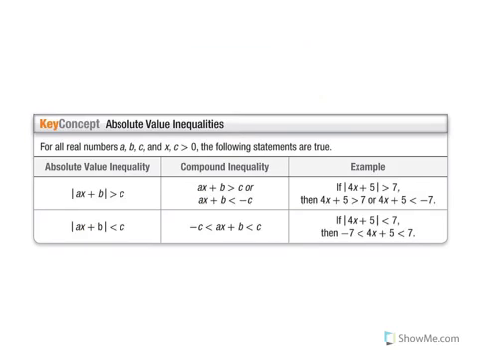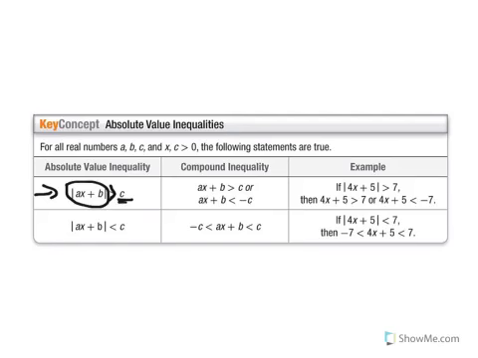Moving on to the good stuff. An absolute value inequality can be solved by rewriting it as a compound inequality. If you take a look at this first one, we have our inequality, and it's greater than, or greater than or equal to, some number.